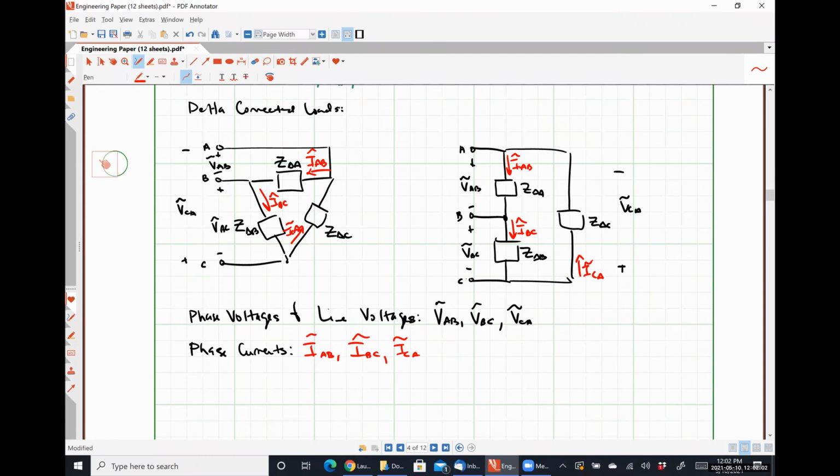All right, so everybody feel comfortable with the different source and load combinations, phase voltages, line voltages, and phase currents.